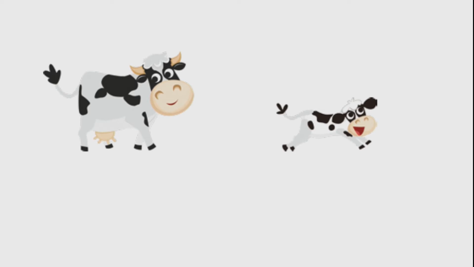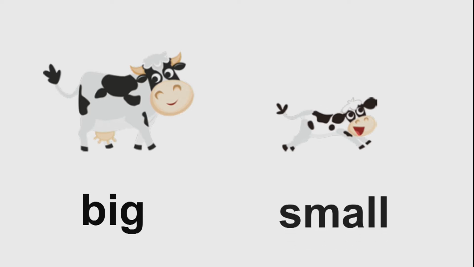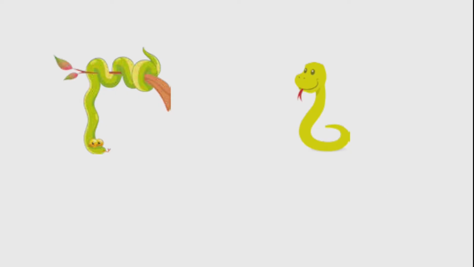Let's look at these two pictures. There are two cows. One cow is big. Is the second cow big too? No, it isn't. It's small. Repeat, please. Big, small. Okay, how about these two snakes? One is long.